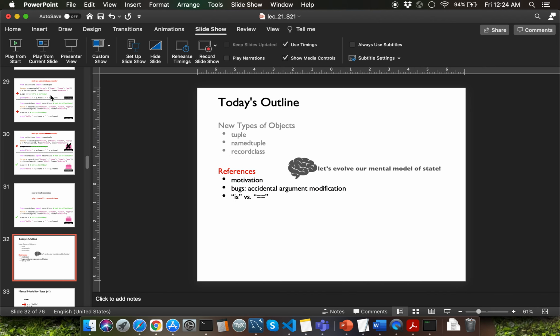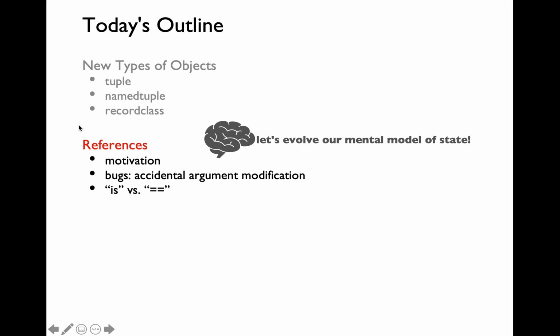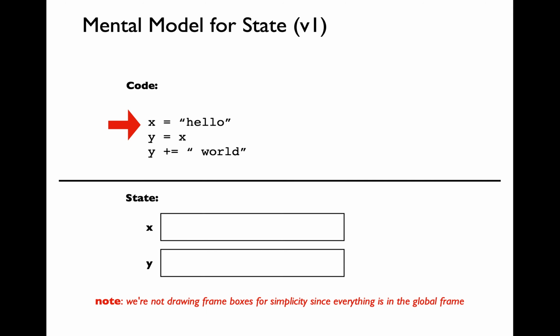Let's do a quick recap of the mental model that we have been using so far for state. I'm going to call our current version of the mental model version V1. Recall that we have been using boxes beside variables to keep track of the variable's value. I have a simple code snippet here. Line 1 is saying x equal to string hello.